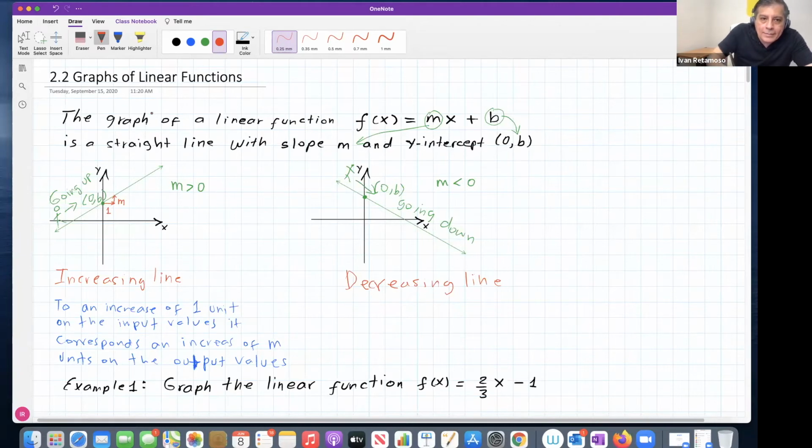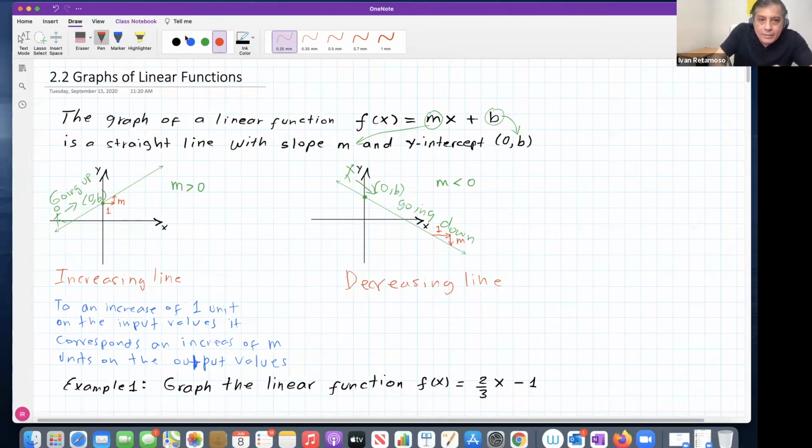And again, guys, mathematicians have discovered that now to each variation of 1 unit on the x values, on the input values, right? If you allow yourself a variation of 1 unit on the input values, 1 here, what corresponds now is a variation of m units for the output values. But notice now it's decreasing m units, right? Here it was increasing, here decreasing.